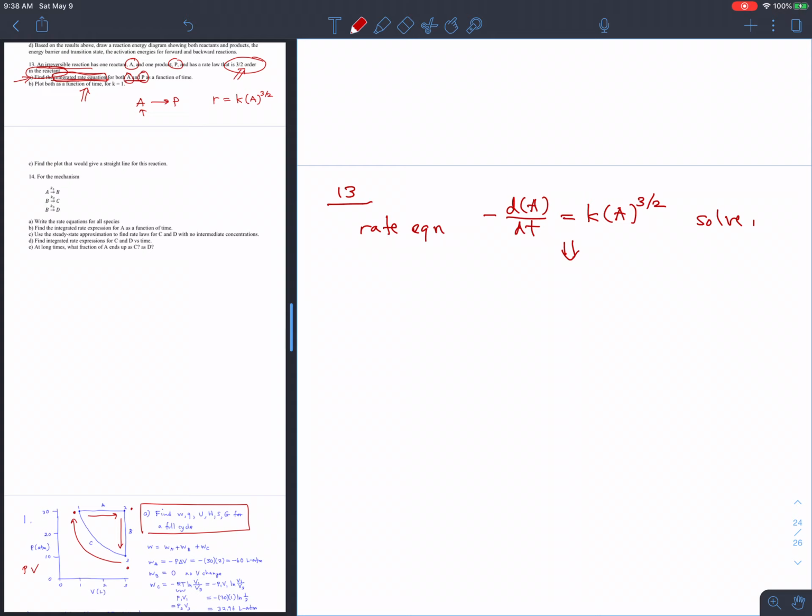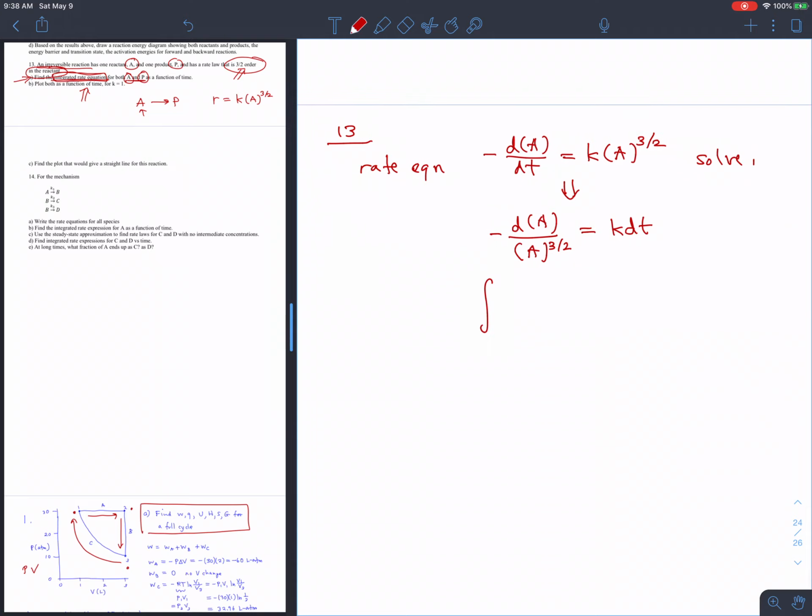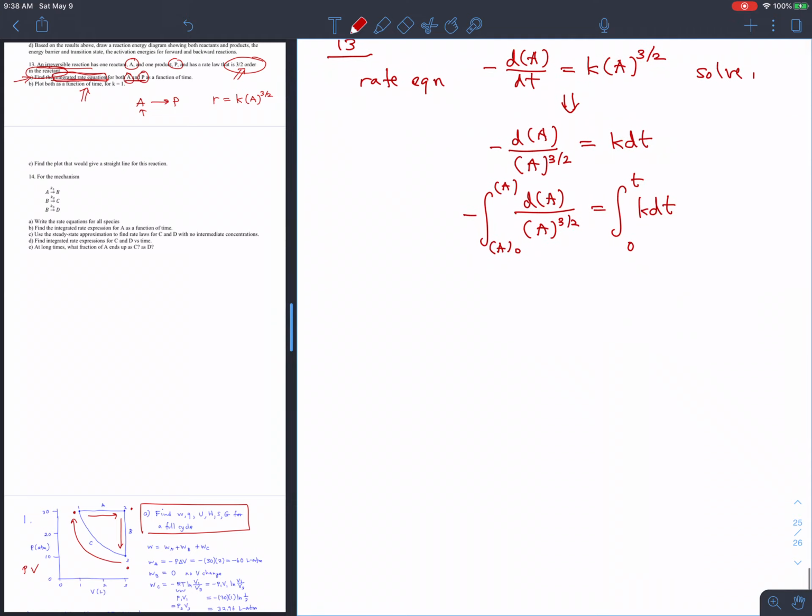So separating the variables on both sides, we have minus dA over A to the 3/2 power is equal to k times dt. Integrating both sides, from A0 up to A, dA over A to the 3/2 power, with a minus sign, is equal to the integral from 0 to t of k dt.